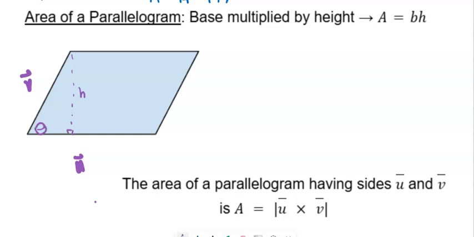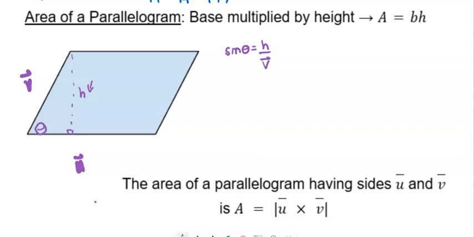And then I'm going to have some angle there. Okay, so if I wanted to figure out this value, just thinking about what I know from before this class, then I would say that sine of theta is h over vector v.